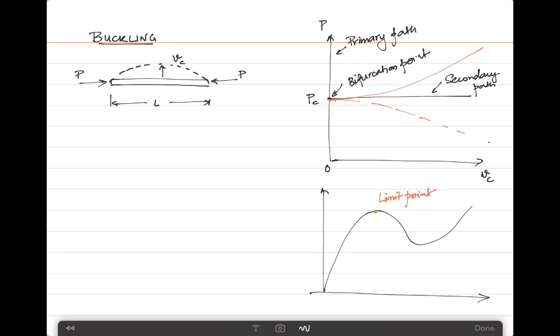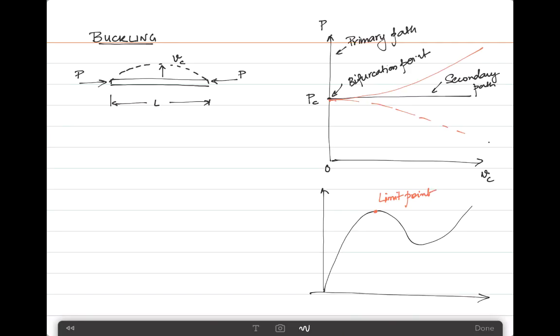This is common to see in a snap-through buckling problem. There is another term which is also used for a critical load, which is a collapse load. A collapse load is the maximum load a structure can sustain without going through any further gross deformation. So in common usage, a critical load may refer to the bifurcation load, a limit point load, or even a collapse load.